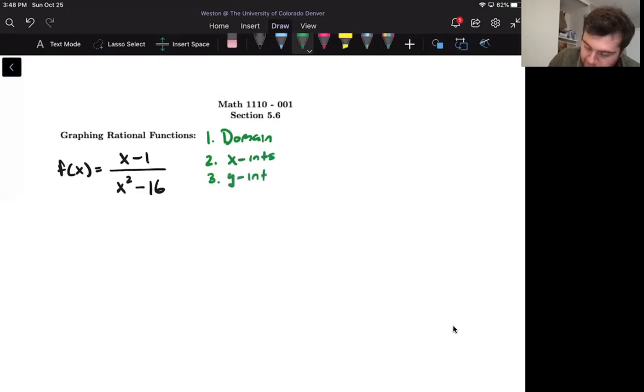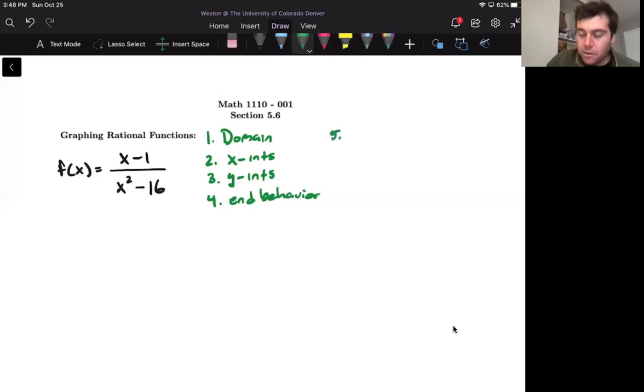Three, y-intercepts. Four is end behavior. These four are all things that we're used to. We're used to making sure we know the domain, the x-intercepts, the y-intercepts, and the end behavior.